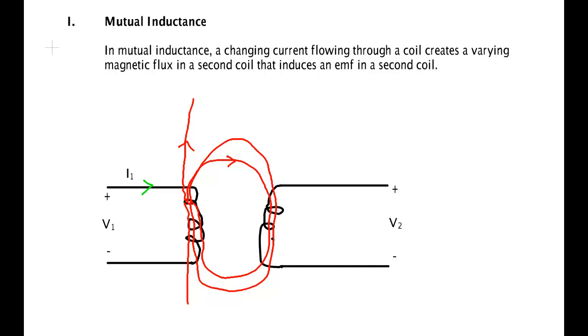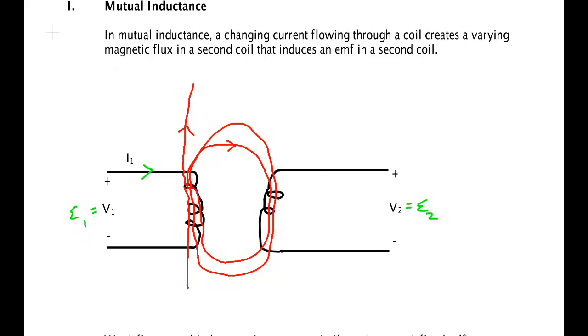And they cross, and some of the flux, not all of it, but some of it, goes through the second coil. This flux going through the second coil will be changing if the current in the first coil is changing, and that will induce an EMF, which I've listed over here as V2, or maybe E2 if you prefer, since it's really not a voltage but an induced EMF.